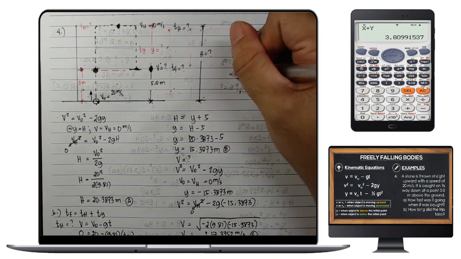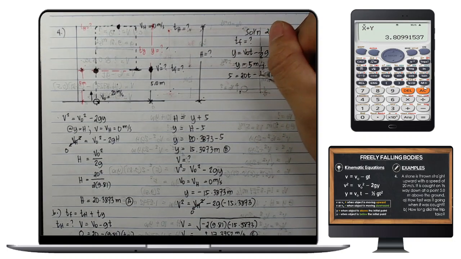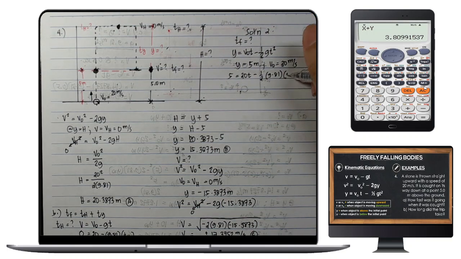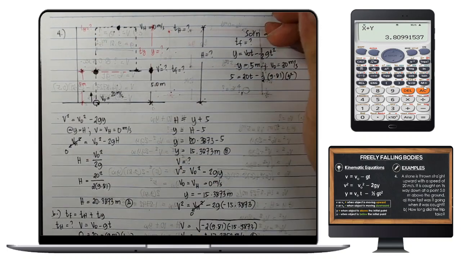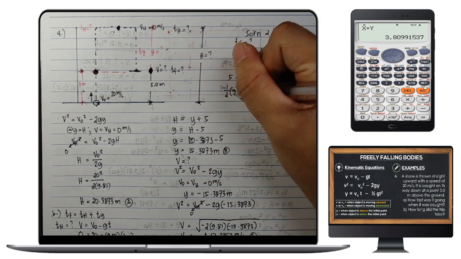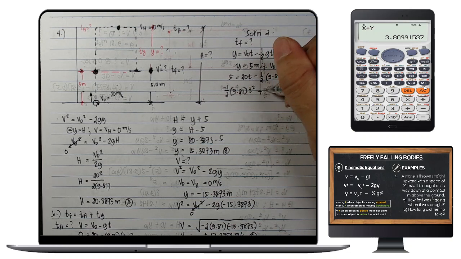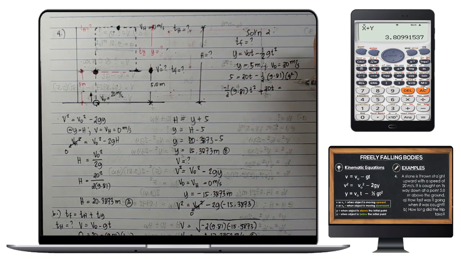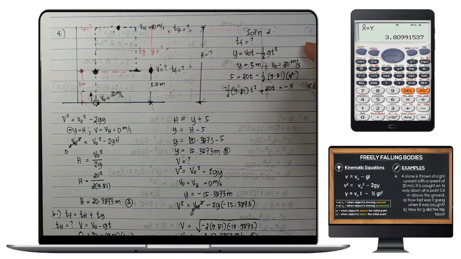So, 5 is equal to 20t minus 1/2 times 9.81 times t squared. So, nag-form tayo ng quadratic equation. That is equal to negative 1/2 times 9.81 t squared plus 20t is equal to, transpose, negative 5. Lipat lang natin is equal to 0.